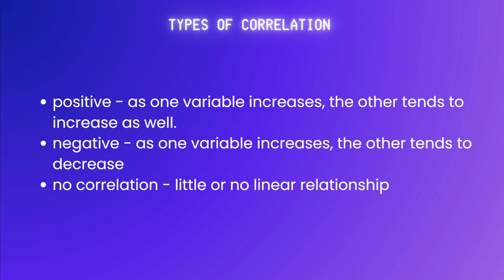In the same way, we can say two variables are negatively correlated when one variable increases and the other variable tends to decrease. And lastly, there is no correlation between the two variables when there is no or little linear relationship between them. So these are the different types of correlations we can see between the variables.